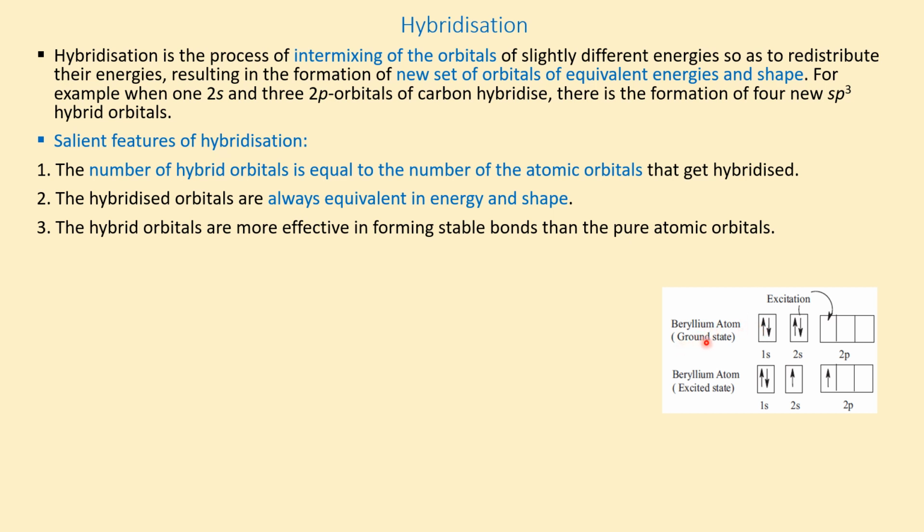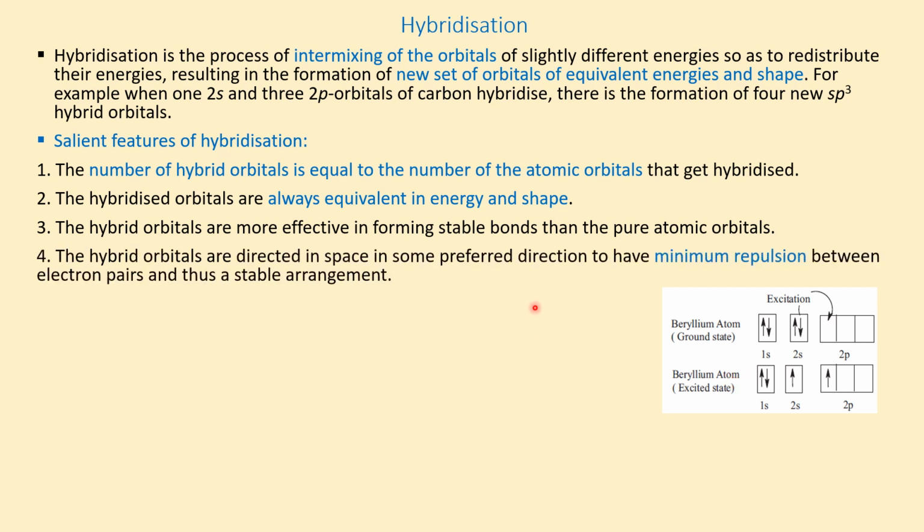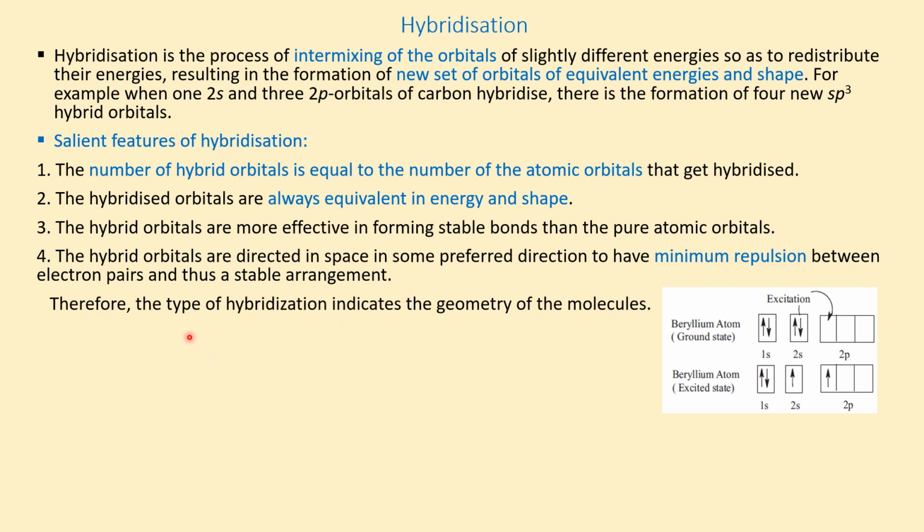That is, in the ground state, they are not as stable as in the hybrid state. The hybrid orbitals are directed in space in some preferred direction to have minimum repulsion. So the objective of hybrid orbitals is to have minimum repulsion between electron pairs and thus a stable arrangement. Therefore, the type of hybridization indicates the geometry of molecules.